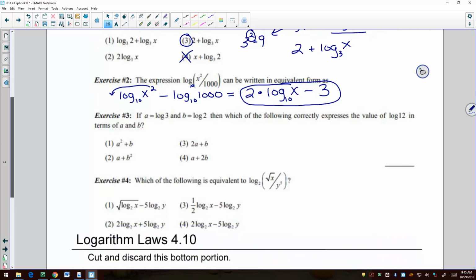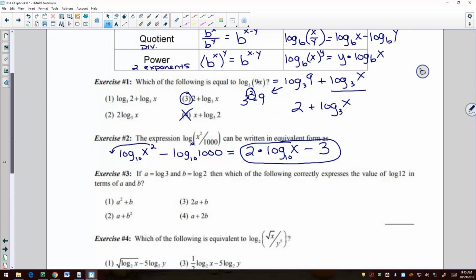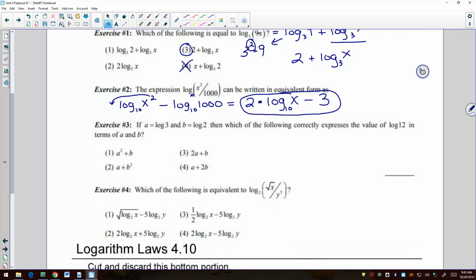Exercise 3, they tell you that you can call the log of 3 a and the log of 2 b. So they want to know, out of these choices, which of the following correctly expresses the value of the log of 12? We want to rewrite 12 using multiplication, because we have a product rule with multiplication, using 3 and 2.